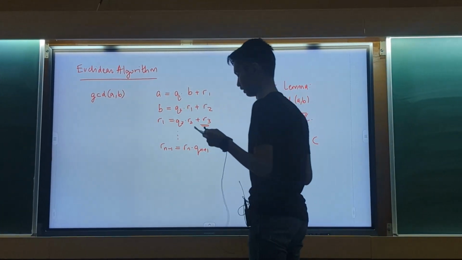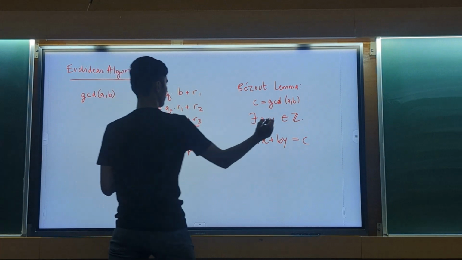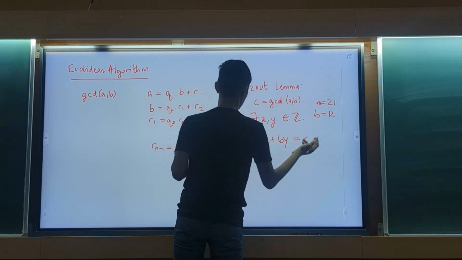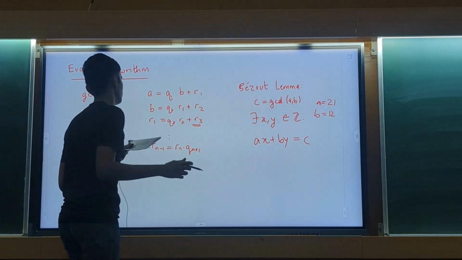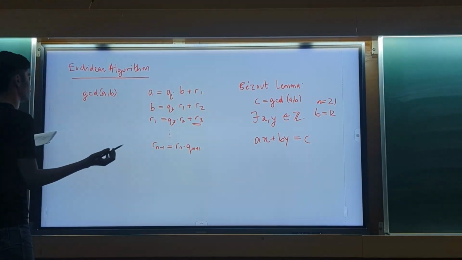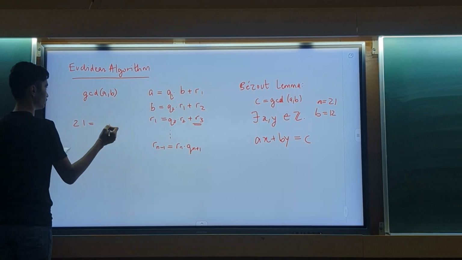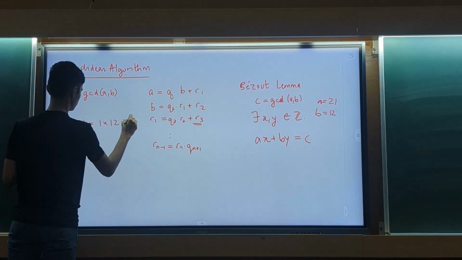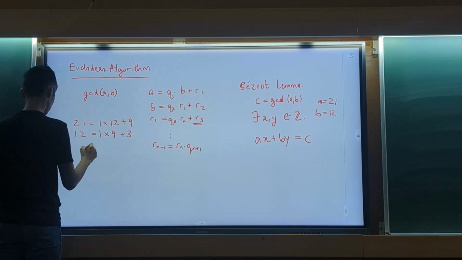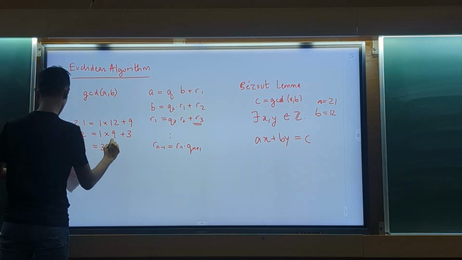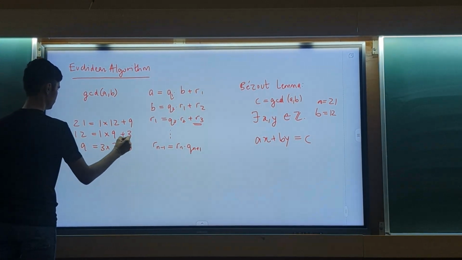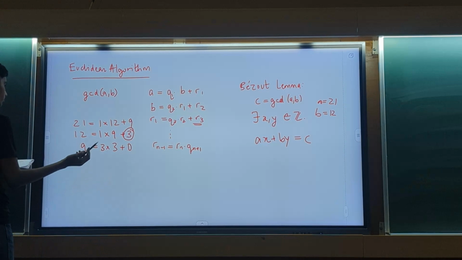So suppose a is equal to 21, b is equal to 12, and we have to find integers x and y. We first apply the Euclidean algorithm. So we get 21 is equal to... that the GCD is 3, and now we go in reverse.